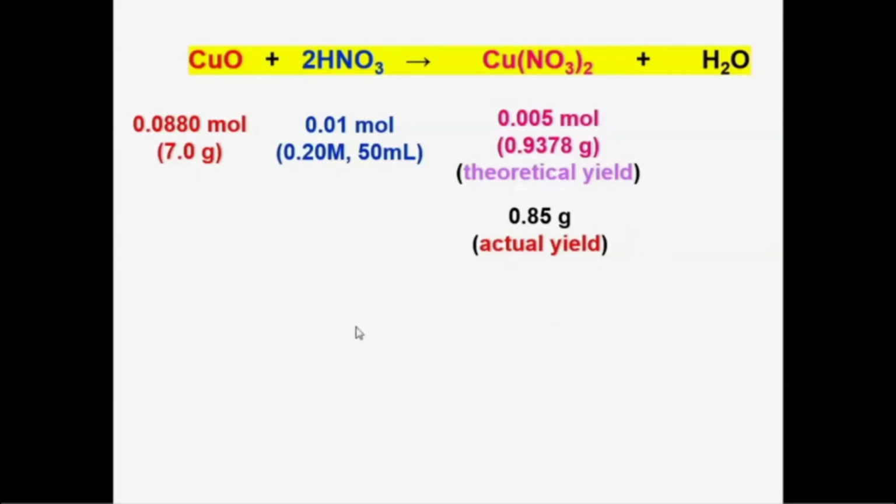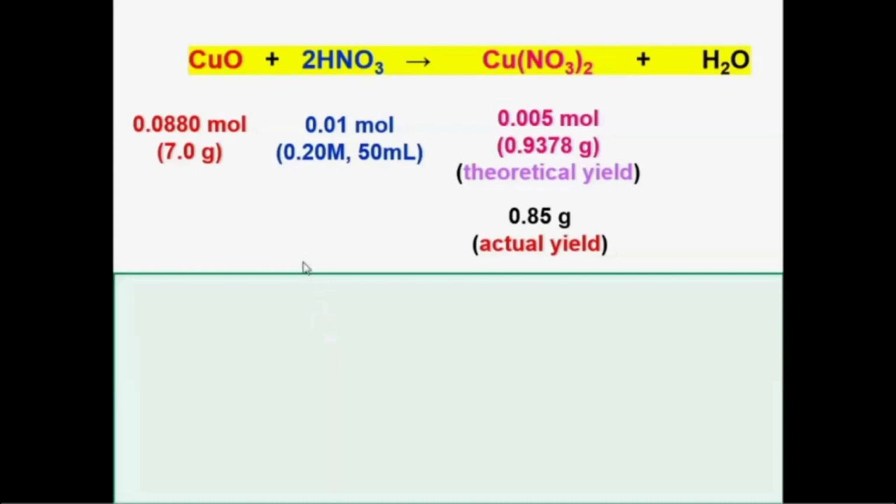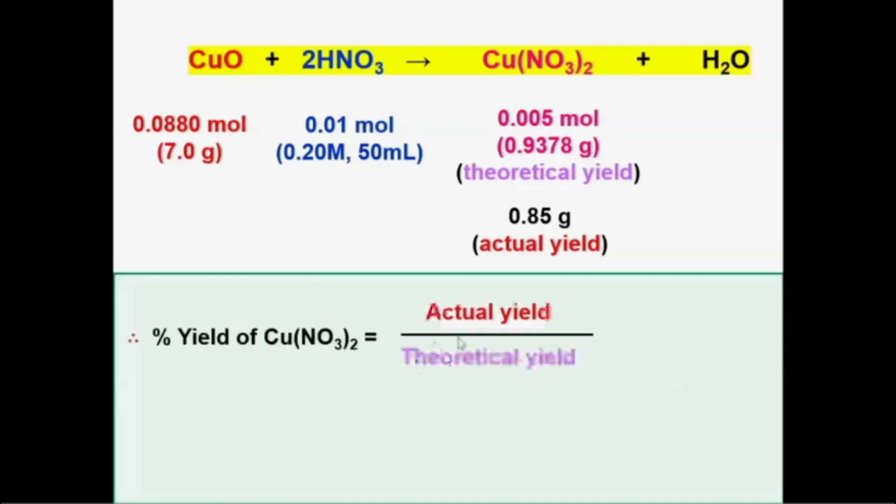So to calculate the percentage yield of copper(II) nitrate, we know that it is the actual yield divided by the theoretical yield, times 100%. Remember guys, for the actual yield and theoretical yield, you have two options, whether you want to use the moles or the grams.